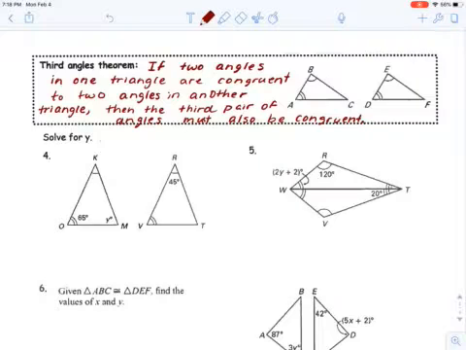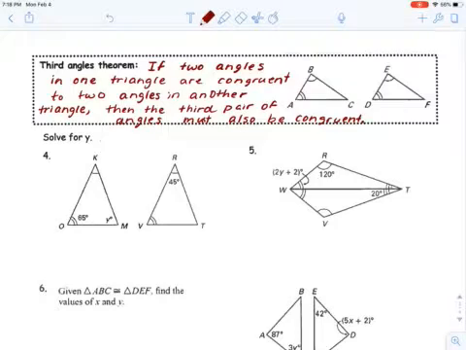So what does that have to do with this picture right here? Well, let's look at these triangles ABC and EFD.